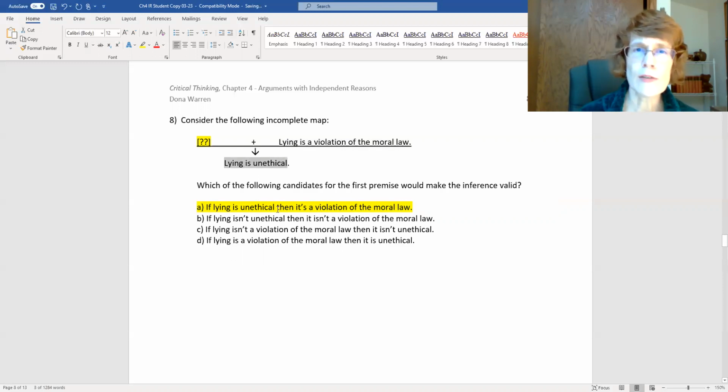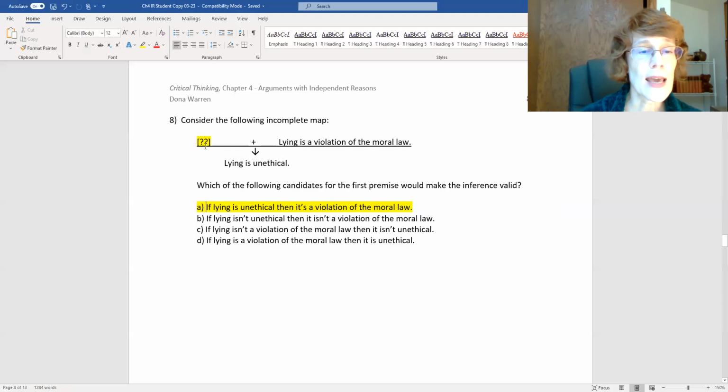So what inference form would that be? Well, we have if front, then back. What is this other reason? Is that more like the front, more like the back? Is it the opposite of the front? Is it the opposite of the back? Well, it looks like it's exactly the back, right? And the conclusion is exactly the front.